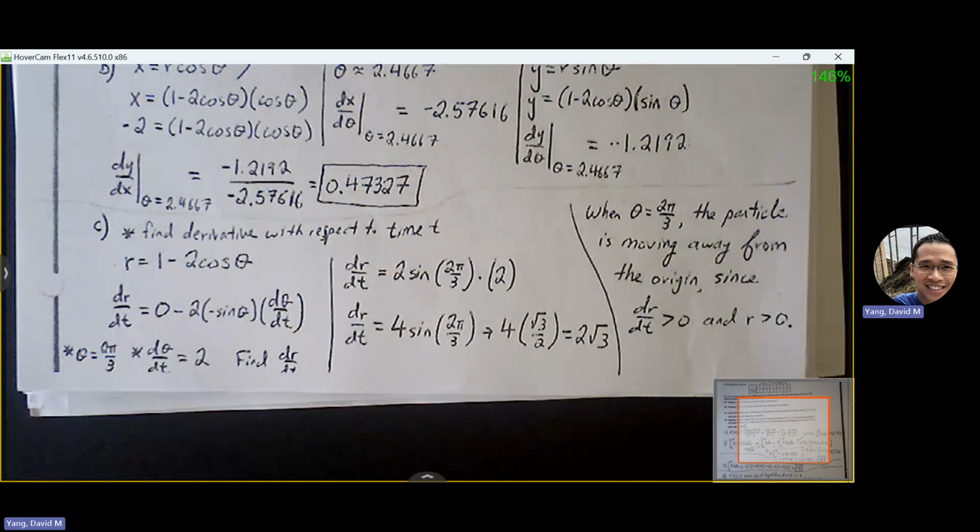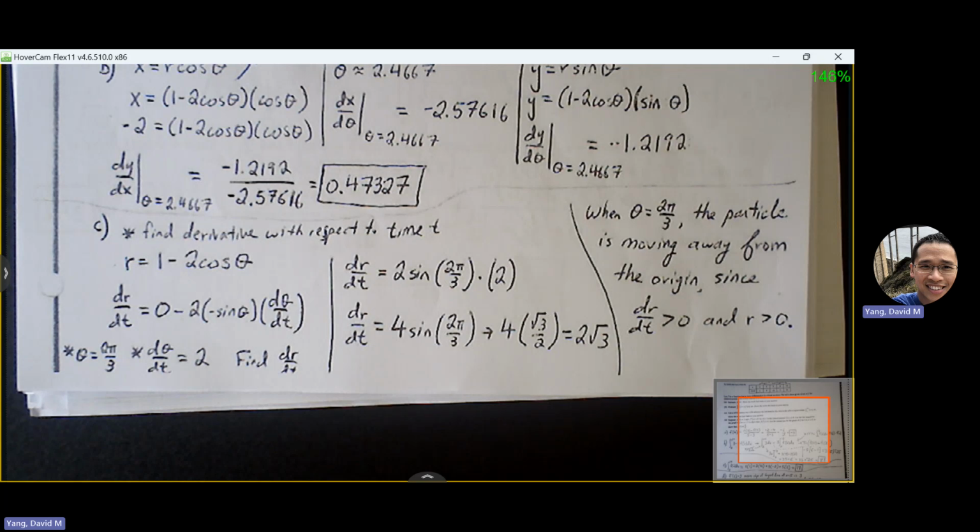So we're going to go through our derivative process thinking in terms of related rates. So r becomes dr dt, 1 goes to 0, cosine of theta becomes negative sine theta times d theta dt. Replace theta with 2 pi over 3, replace d theta dt with 2, and then we can solve for dr dt. And dr dt is going to be 2 root 3.